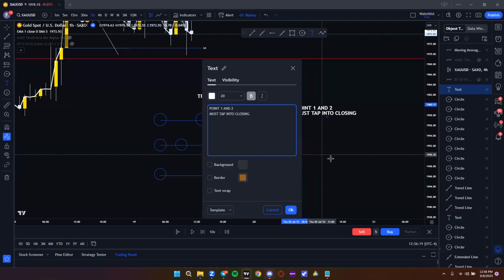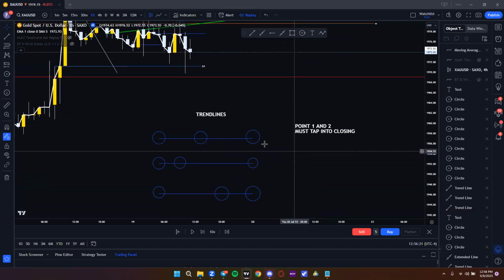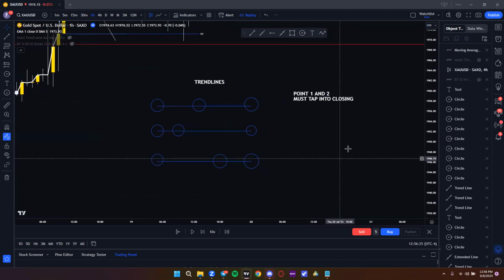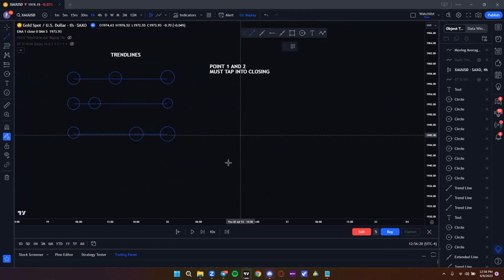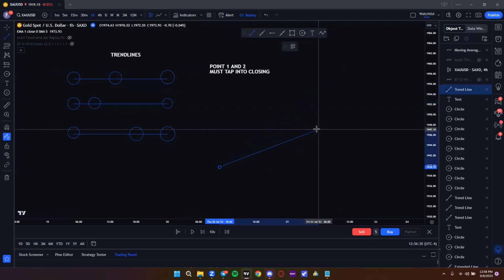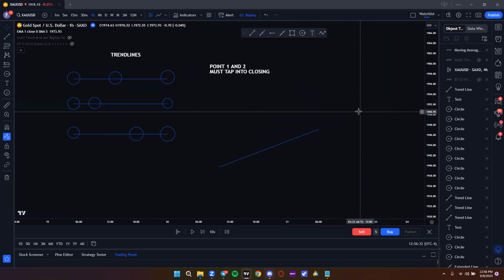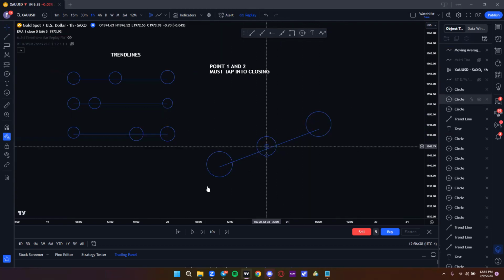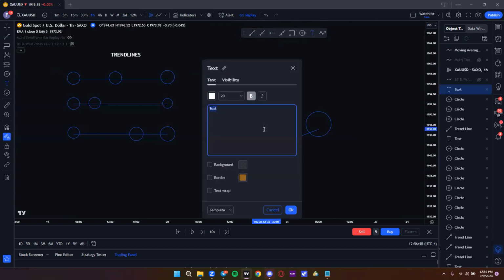What do I mean by that? This is a closing price. This is a closing price. We have our most basic trend line. It's just a divergent straightaway trend line, one, two tap, three tap. So let's look at that example. This is TL type 1.